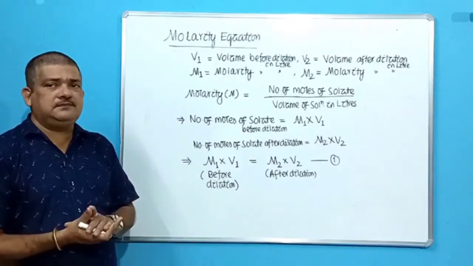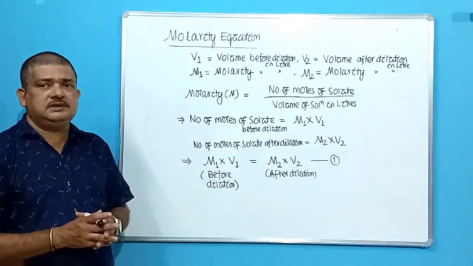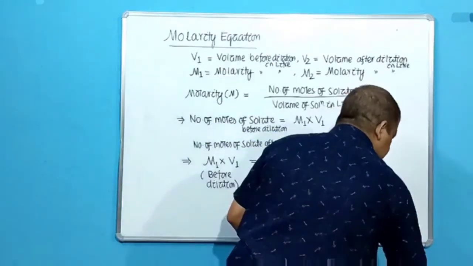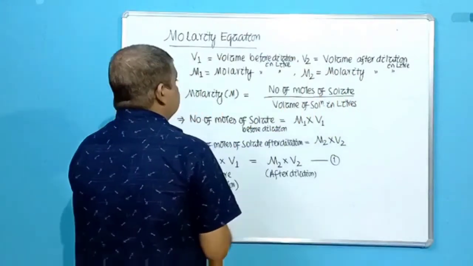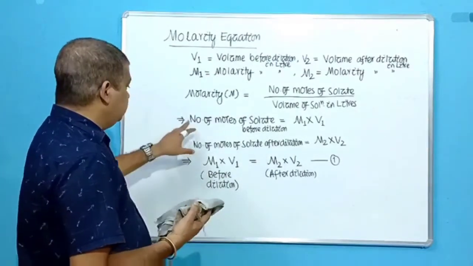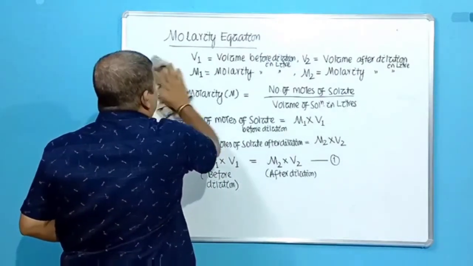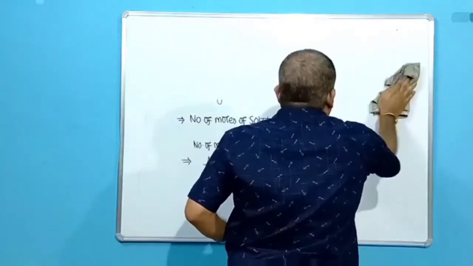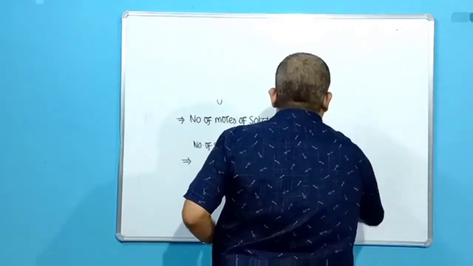Then after mixing them, how do we find the molarity of the resultant solution? So next we will discuss molarity of resultant solutions. I think you have followed these things.